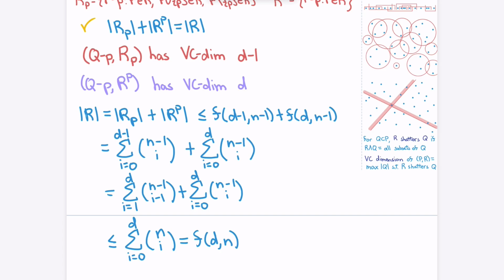Yeah, so let's say that R sub P can shatter 9 points, right? So some set of 9 points. And now these are like whatever sets I used.